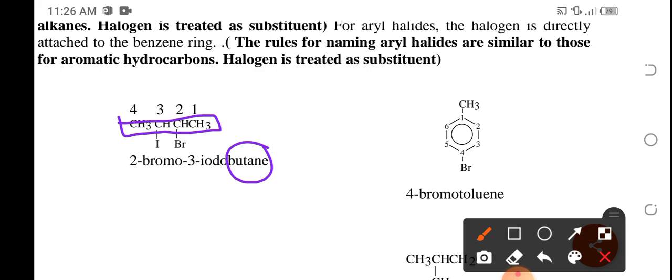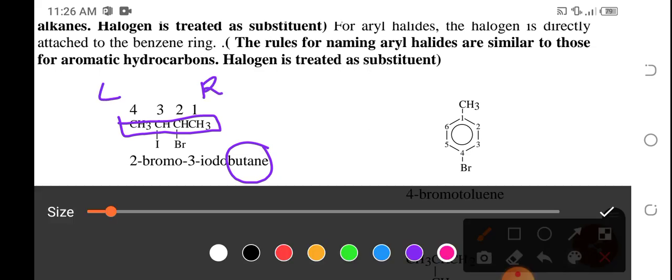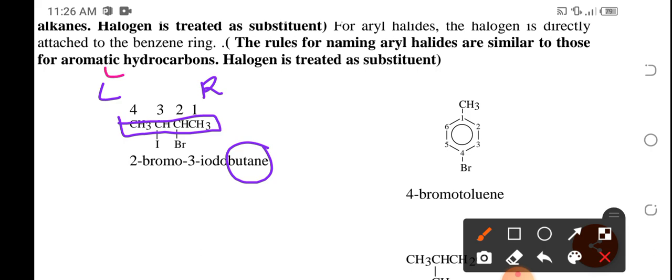That's why it is butane. It is numbered from right to left, because even if it is numbered from left to right, the first encountered substituents would be 2 and 3. However, from right to left, 2 and 3 then.